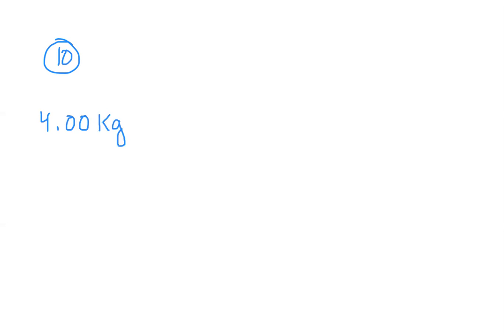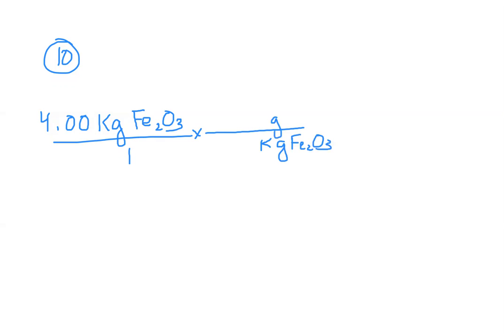Because they don't give you grams, they give you kilograms of iron oxide. So before you can go on, you're going to have to change that to grams. So we're going to put kilograms of iron oxide to grams of iron oxide. And you're going to say 1 kilogram is 1,000 grams. And then you're going to go ahead and say gram. Now we're into grams, so we can change the grams to moles.